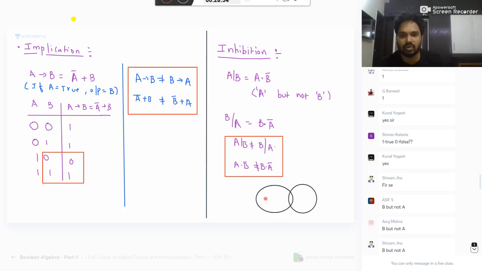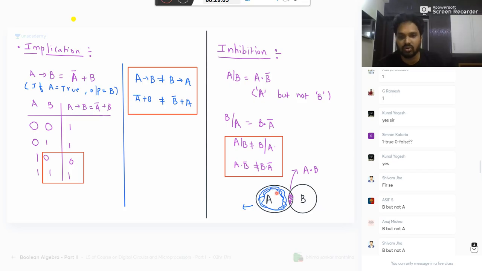Okay, so if you take this as A, this as B, what is this common area, my dear friends? It is A intersection B. We call it A into B. Now, what is this area, which I am marking in blue?